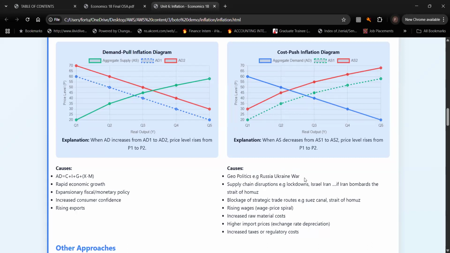I don't know to what extent that was genuine, because I didn't understand why Russia and Ukraine fighting would lead to an increase in the price of bread.